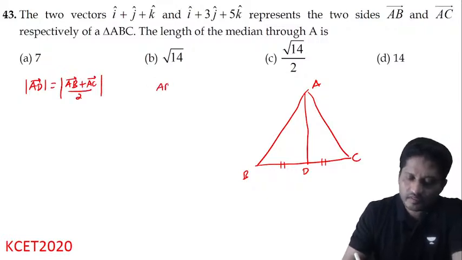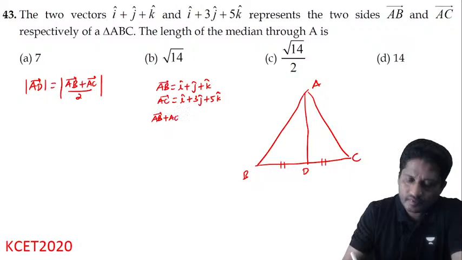AB is given, AB is equal to I plus J plus K, and AC is equal to I plus 3J plus 5K. Now AB plus AC is equal to 2I plus 4J plus 6K.